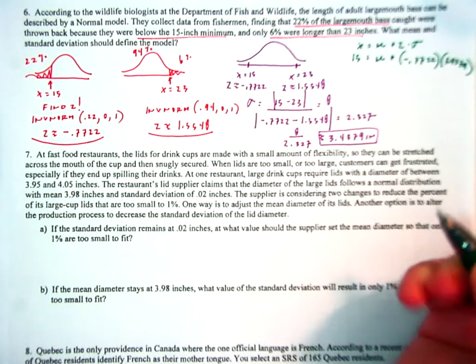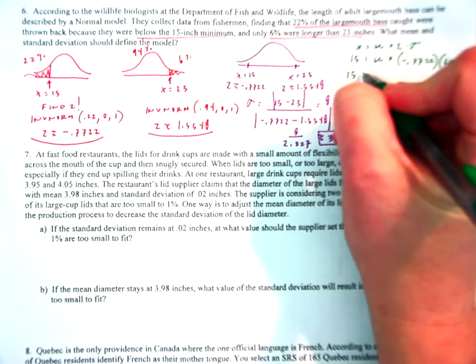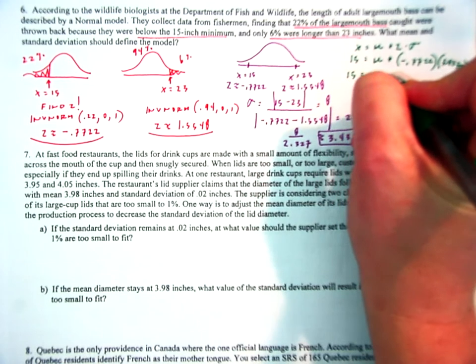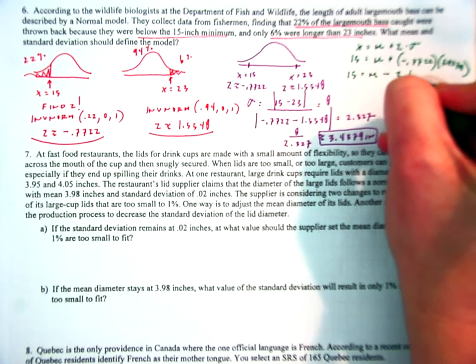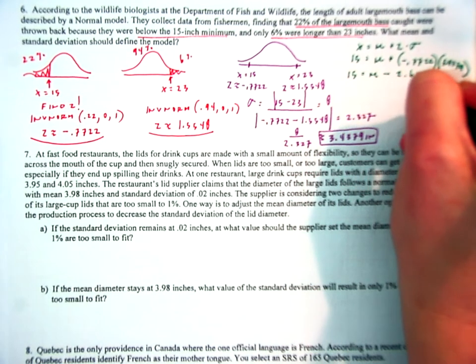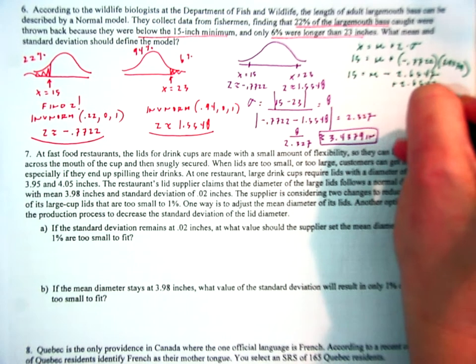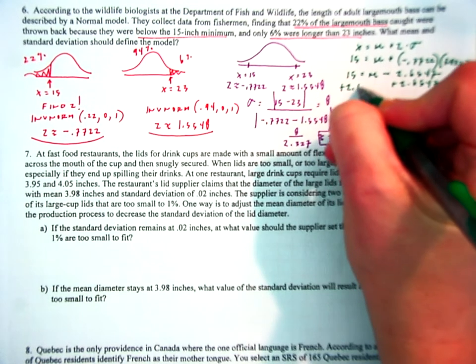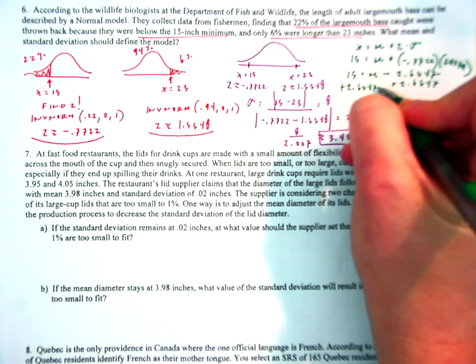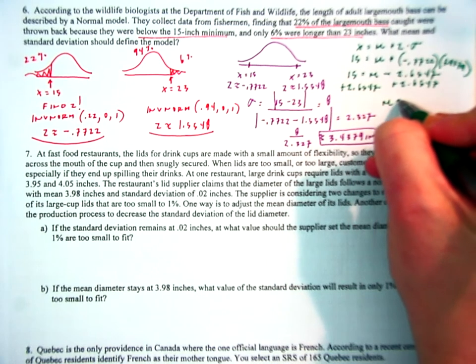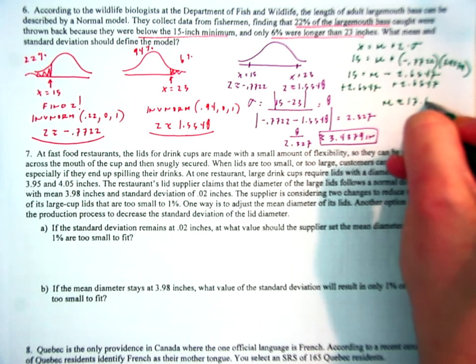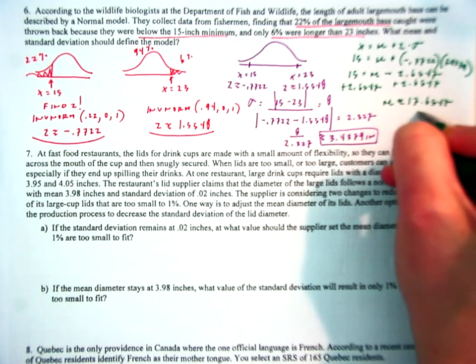Again, it's just an algebra problem from this point on. So 15 equals the mean minus 2.6547. And then I just have to add the 2.6547 to the other side. So my mean is about 17.6547 inches.